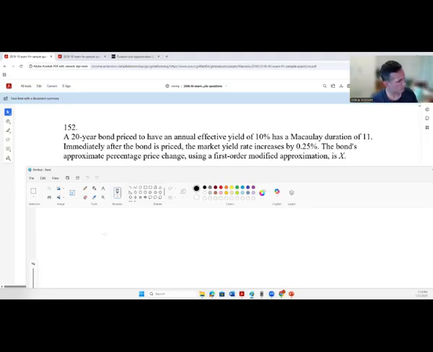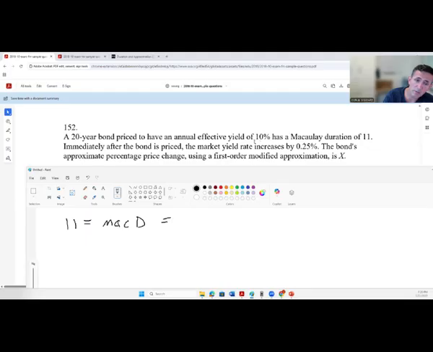Okay, so first thing is that we're not given modified duration. We're given Macaulay duration. That's fine. 11 is the Macaulay duration, and that is 1 plus I times modified duration. Sorry, I want modified duration for my original interest rate.